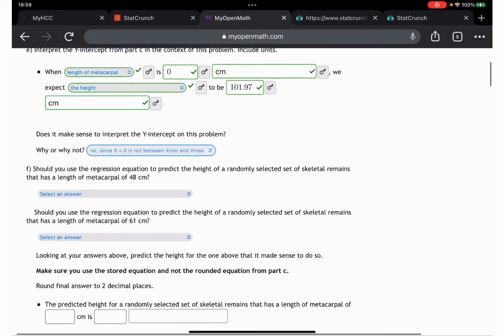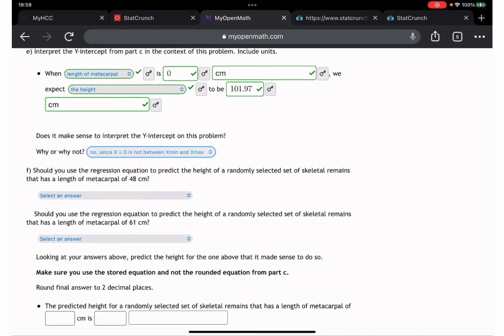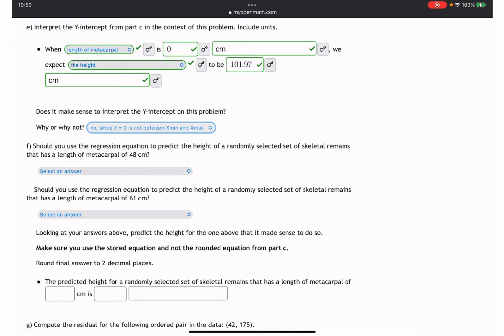So, does it make sense to interpret the y-intercept on this problem? Yeah, we already answered. Now, should we use the regression equation to predict the height of a randomly selected set of skeletal remains that has a length of metacarpal of 48 centimeters?